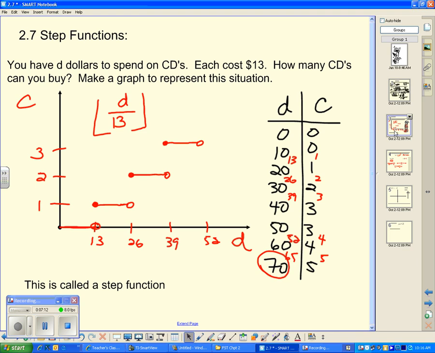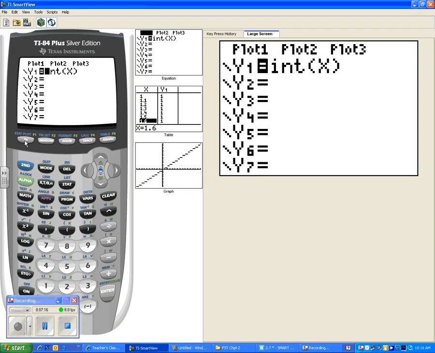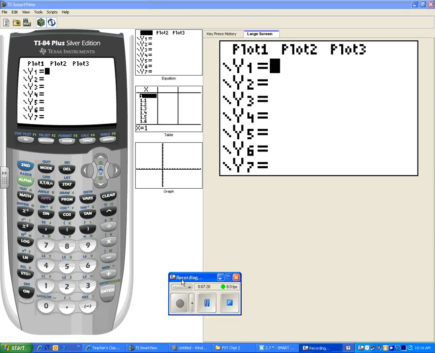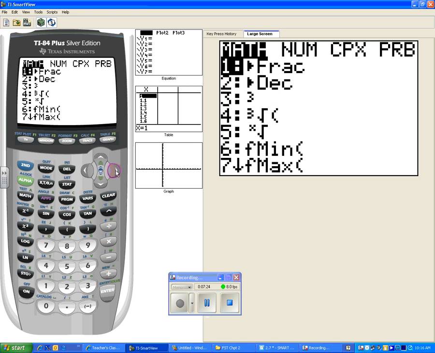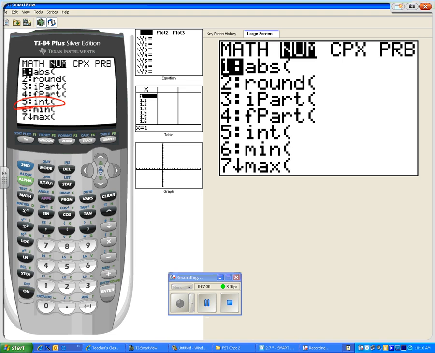Okay, let's look at our calculator and put this in here. So you're going to go into math, over to number, and int right here stands for greatest integer or floor function. So I'm going to select that.